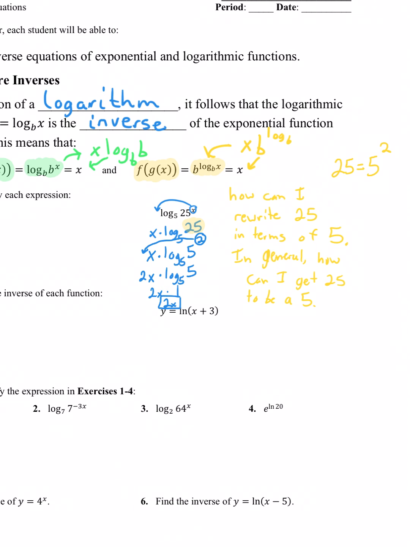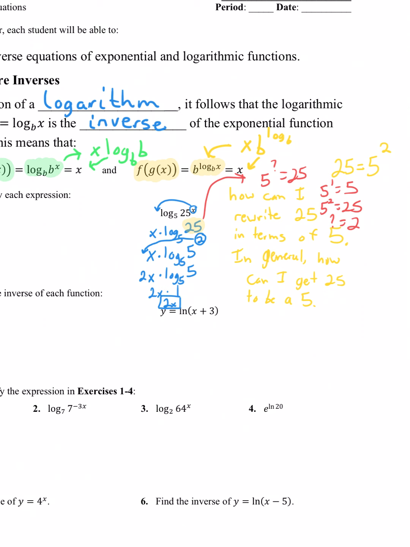So we haven't specifically talked about replacing the 25 with 5 squared. What we've talked about in class up to this point is more just saying 5 to the question mark equals 25, so let's figure out what the question mark is. 5 to the first is 5, 5 squared is 25, so the question mark equals 2.